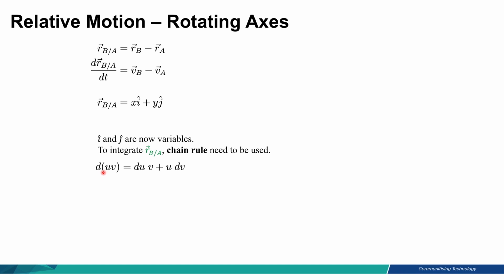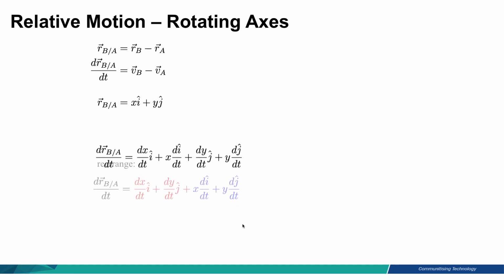The chain rule states that d(uv) is equal to du v plus u dv. So in this case, d rB/A over dt is equal to dx/dt i plus x di/dt. This is the first component of the chain rule. Plus dy/dt j plus y dj/dt. This is the second component of the chain rule.